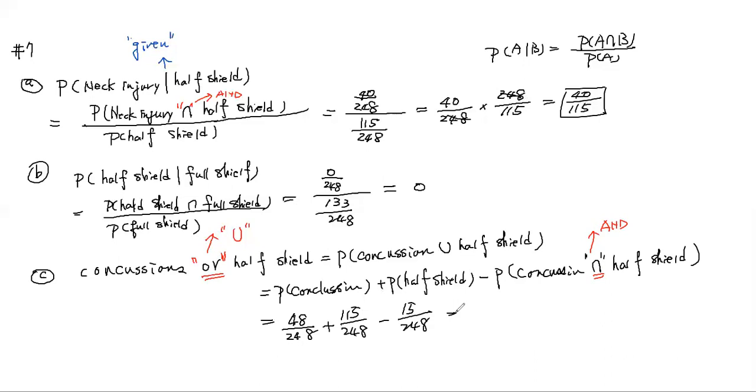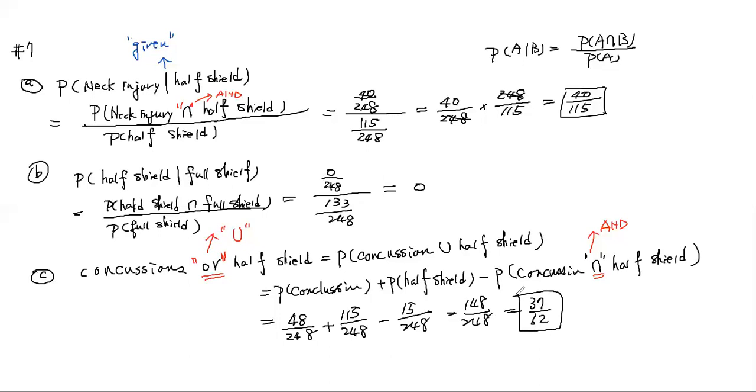It's 48 plus 115 minus 15, so it's 148 over 248. Simplifying by dividing, I got 37 over 62. Okay, so that's problem number 7.